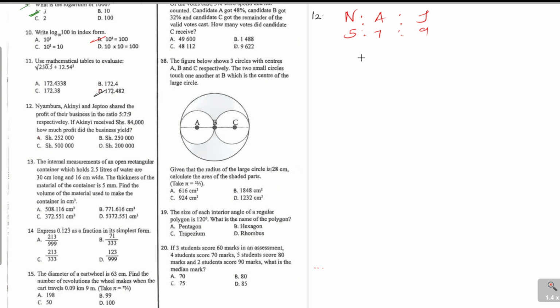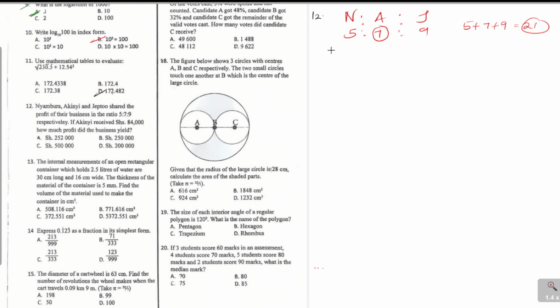Using the ratio, you get the sum of the ratio, 5 plus 7 plus 9, which will give 21. So the fraction Akinyi received, who is this? Akinyi is 7, not 5. Akinyi's ratio is 7.